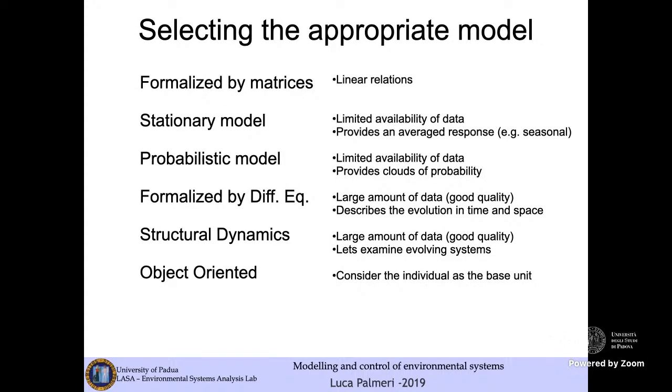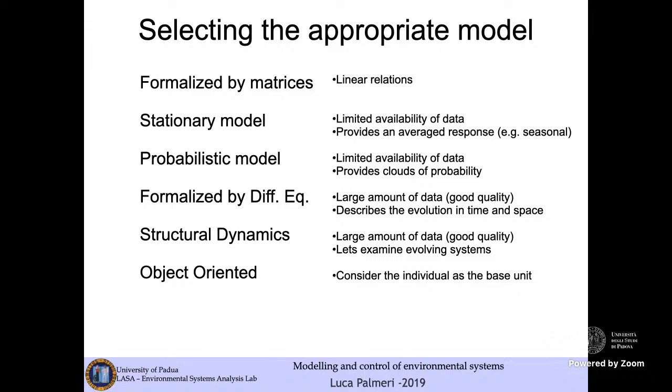So when you select the appropriate model, you should first of all ask yourself if you may formalize your model by matrices, and this is fantastic, but this is restricted by implying linear relations. So you know that if you have a non-linear relationship, like for example it is the case when you include friction in your model, you may not use linear relationships, so you may not use a formalization by matrices.